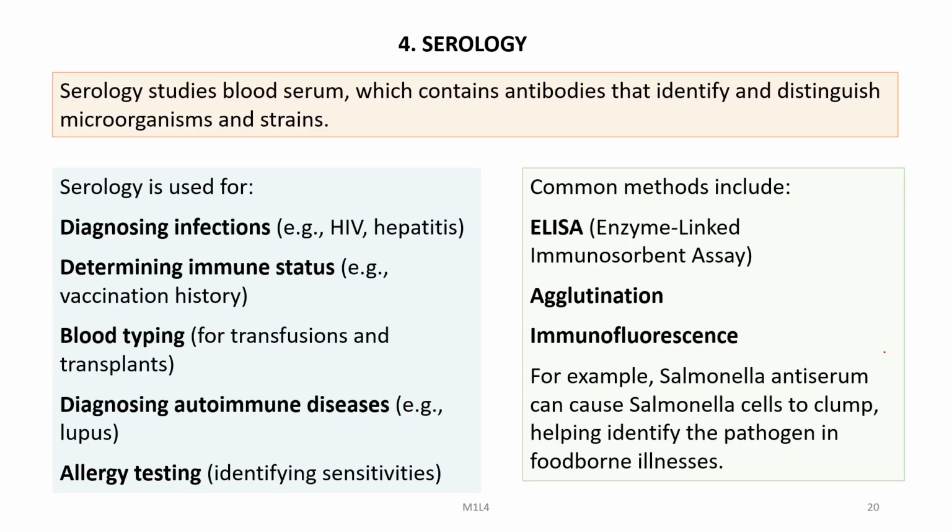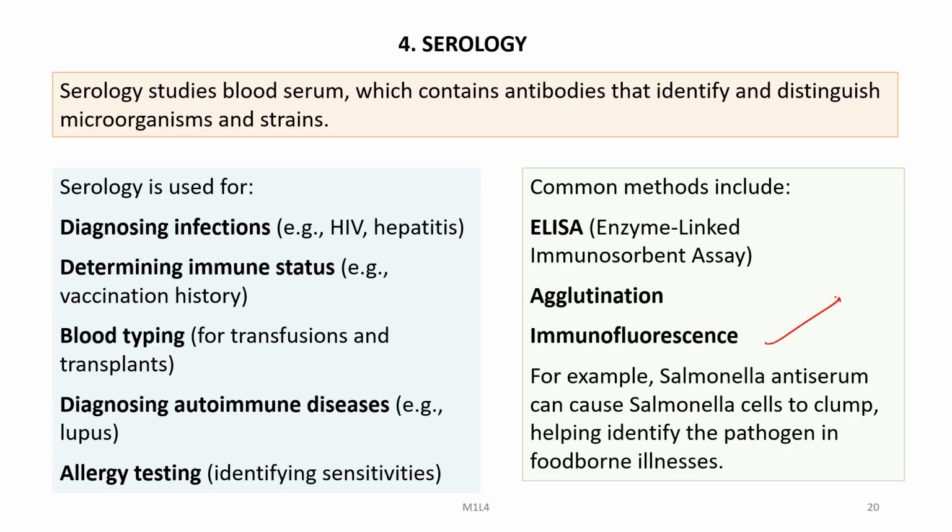Then blood typing for transfusions and transplants, and diagnosing autoimmune diseases like lupus. Then also testing for allergy like IgE hypersensitivity. And the common methods that are adopted for serology include ELISA, which is enzyme linked immunosorbent assay, then agglutination assays and immunofluorescence.